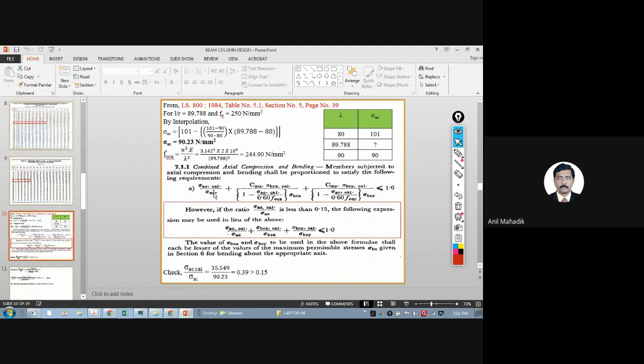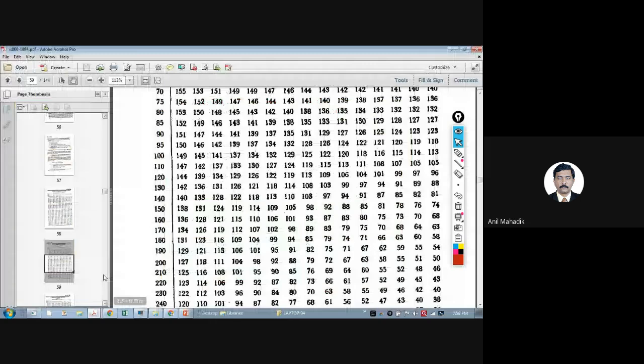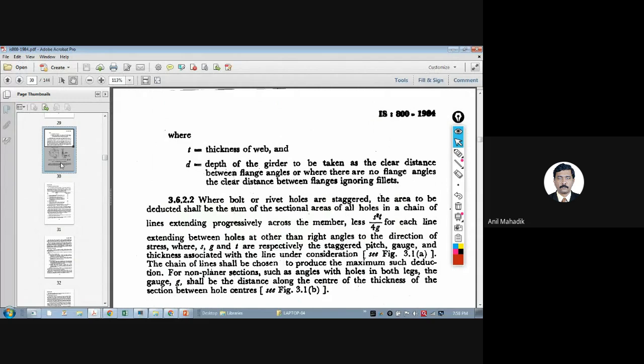Sigma AC calculated and sigma AC permissible. Sigma AC permissible we get from the compression member design only. You know that sigma AC permissible we can get from the IS 800 compression design. We have seen it yesterday.